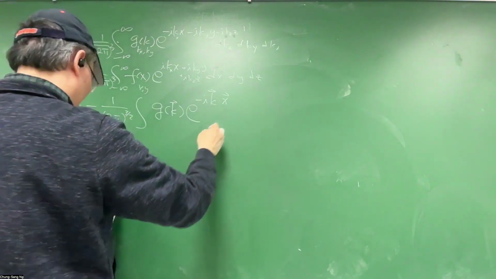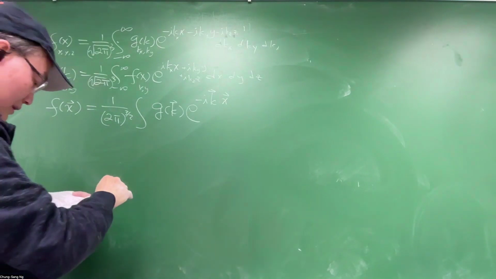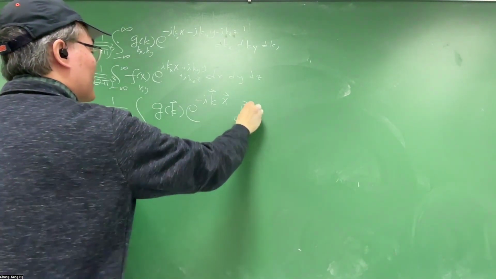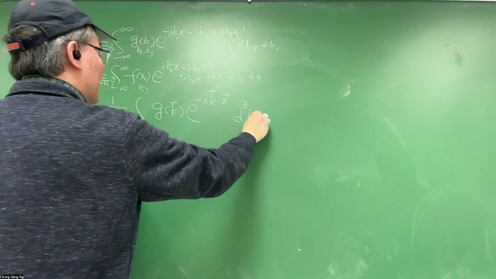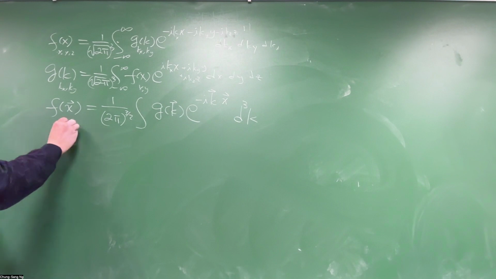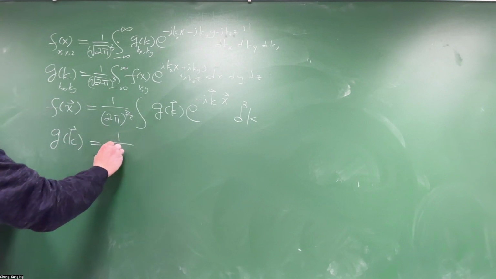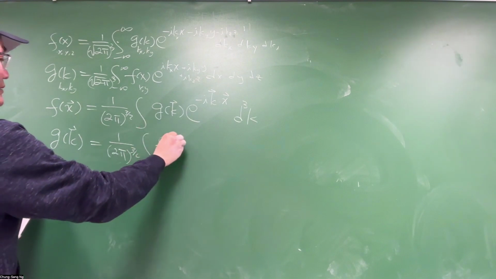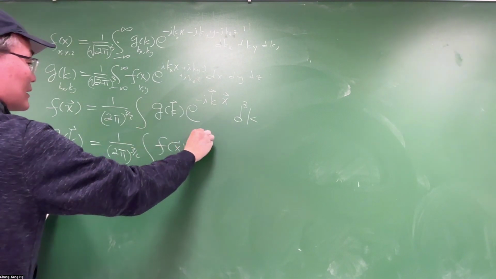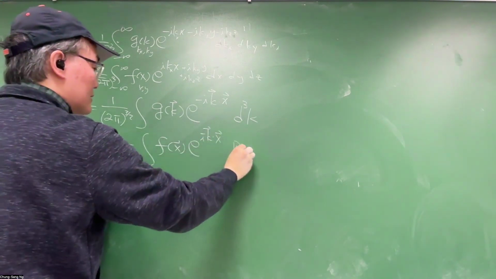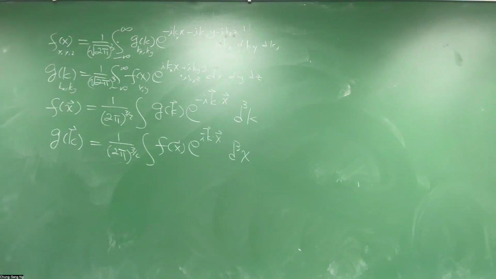So using the language of your textbook, if 3-dimensional is C of k, and the Fourier transform, right, for 3D it's like that.